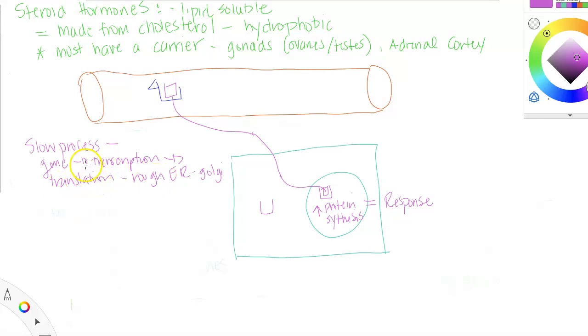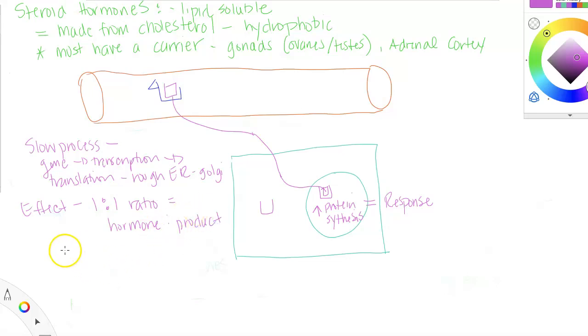Because it's making proteins, the effect of this hormone has a 1-to-1 ratio between hormone to product.